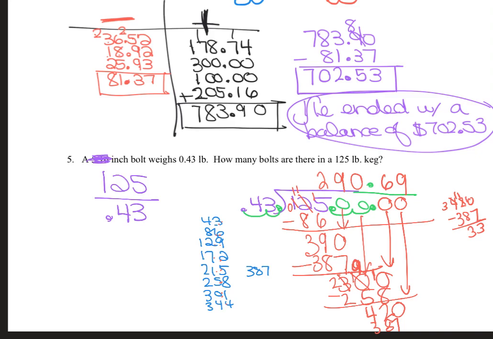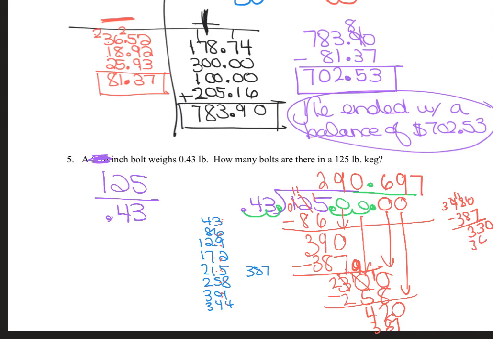So for one like this, where you're looking for how many bolts are there in a 125-pound keg, and it's seemingly continuing on and on, because we'd bring down another 0, and we would say, okay, 1, 2, 3, 4, 5, 6, it goes in 7 times.